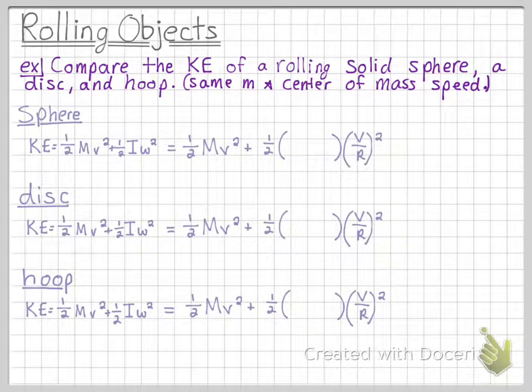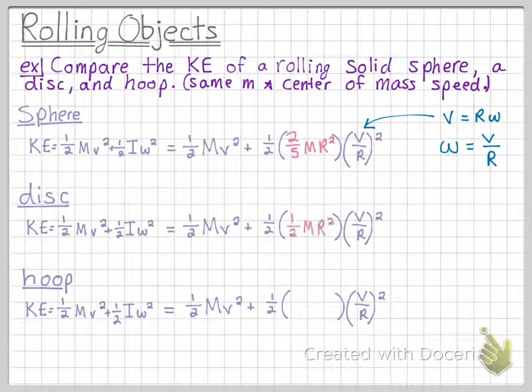And also we can substitute in v over r for omega because of this relationship we have, and it simplifies and takes out another variable. And our moments of inertia for the sphere, disk, and hoop are defined in the previous video, so we can simply fill in these values. So now we have equations for the kinetic energies of these different rolling objects.